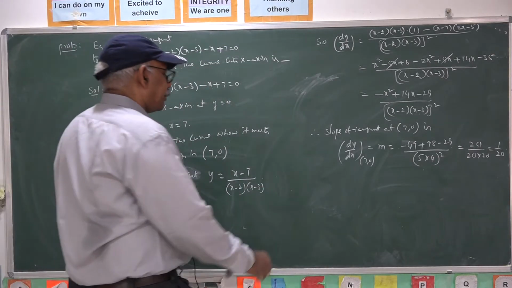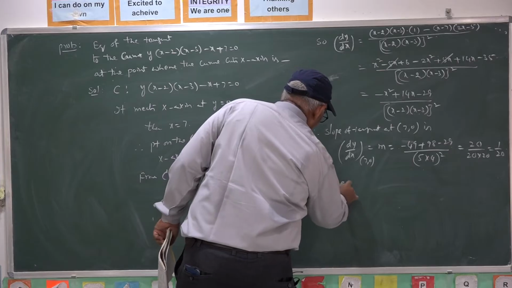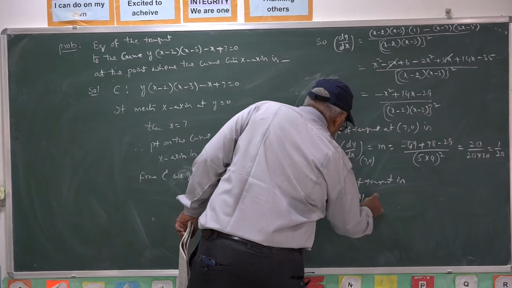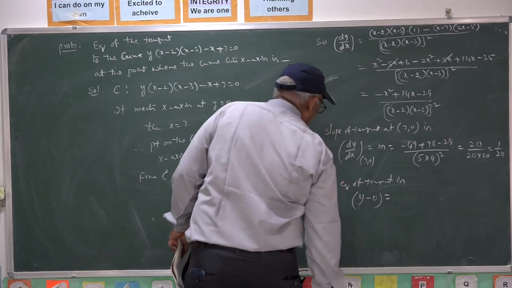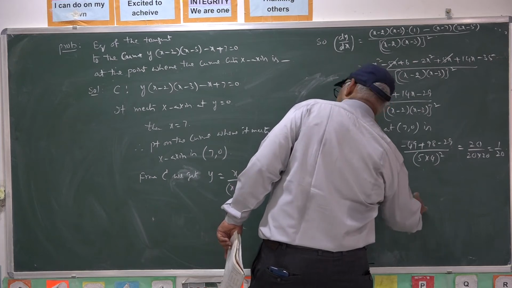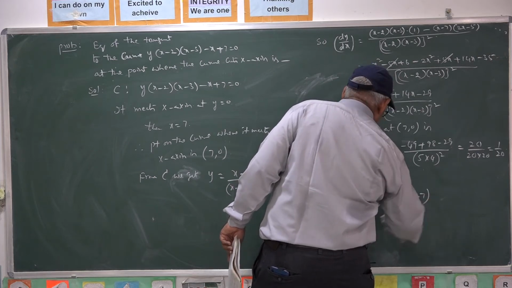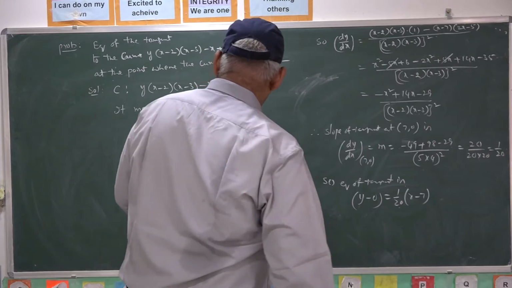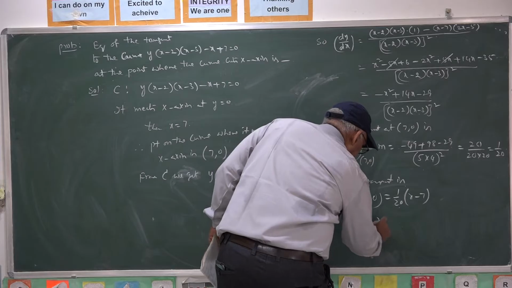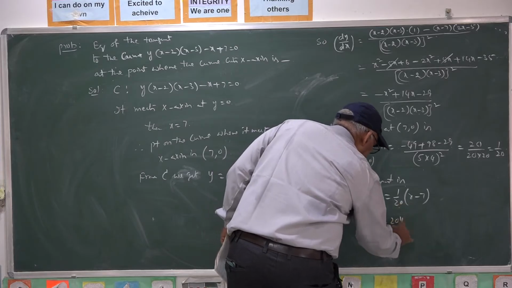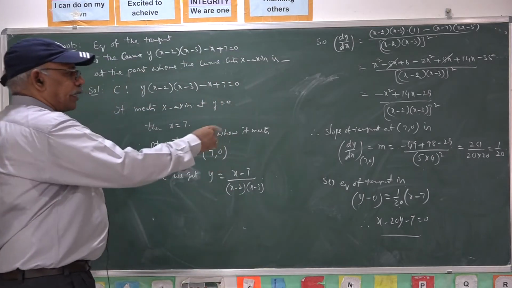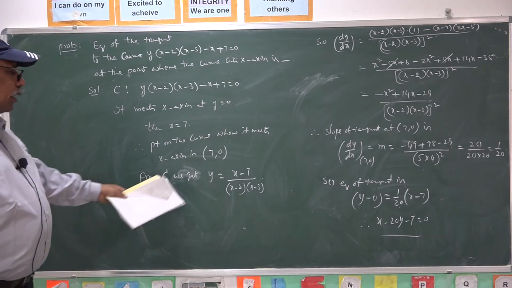Now the equation of tangent is y minus 0 equal to 1 by 20 into (x minus 7). So that gives us x minus 20y minus 7 equal to 0 as the equation of the tangent. It is simply finding the slope and the point.